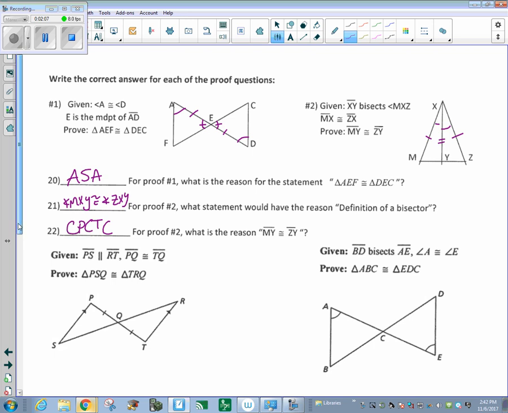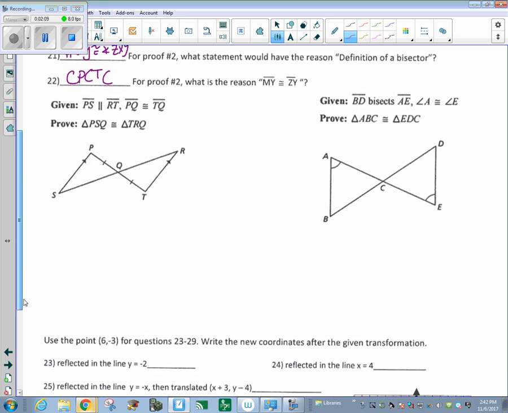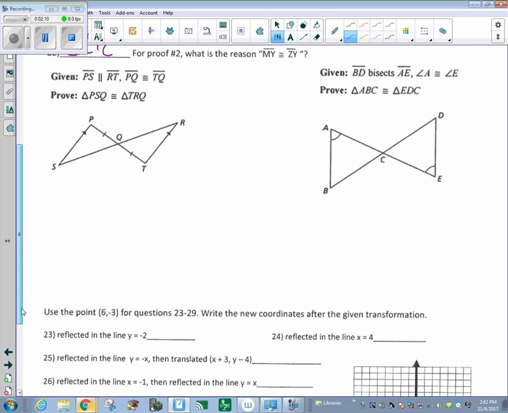All right, these next two are having us write a proof, and so the first thing that we always do in proofs, put the vertical there, is we write down our statements and reasons. Sorry, I can't write all of a sudden.